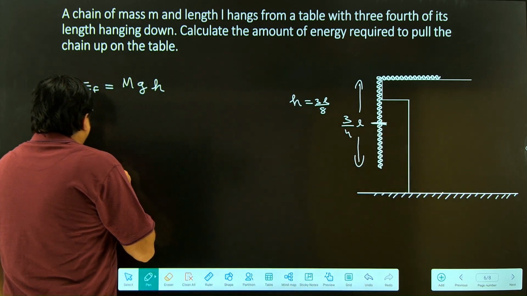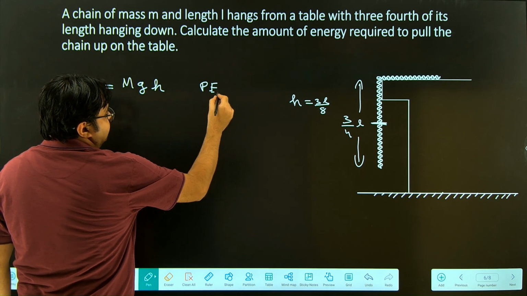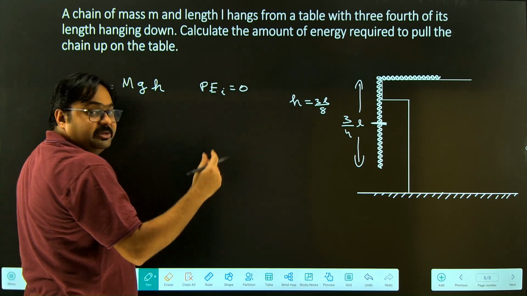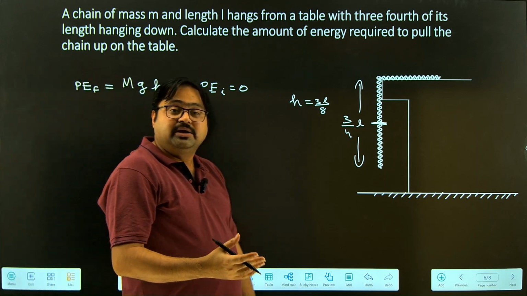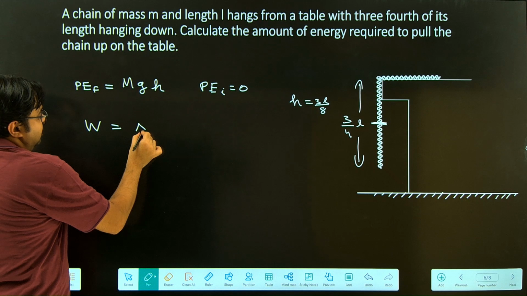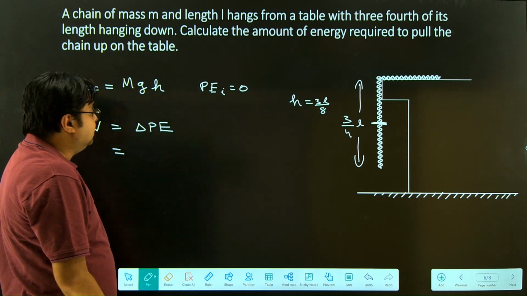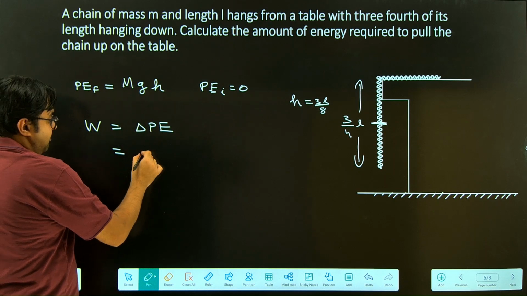Let's solve it. The final potential energy is this, but I told you that the initial potential energy, dear friends, is 0. I have assumed it to be so, because all that we need is to calculate the work done, which in this case would simply be equal to the change in potential energy. That's final potential energy minus initial potential energy, which is mgh.